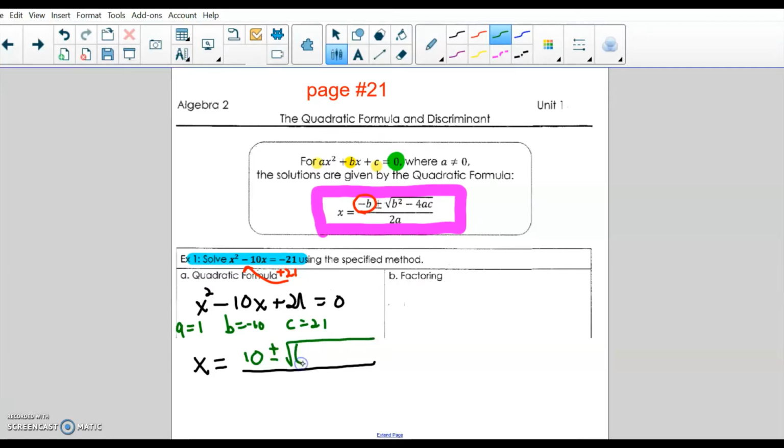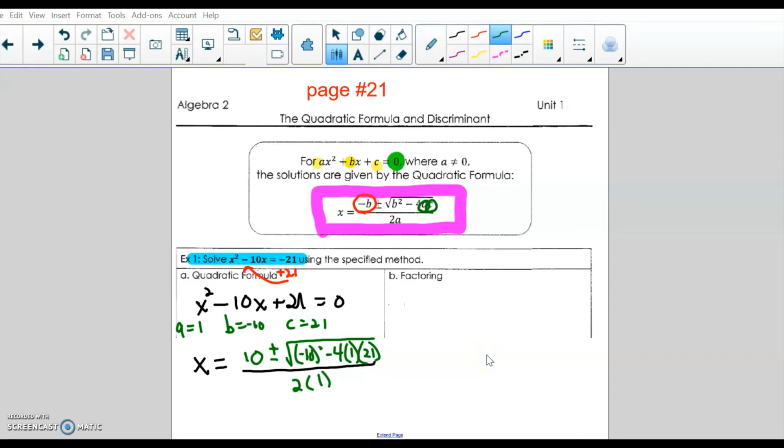It is negative 10 squared minus 4 times the a times the c. The a is 1. The c is 21. And so this is where you'll really want the calculator inside that multiplication. On the bottom is 2 times 1, which is the a value.